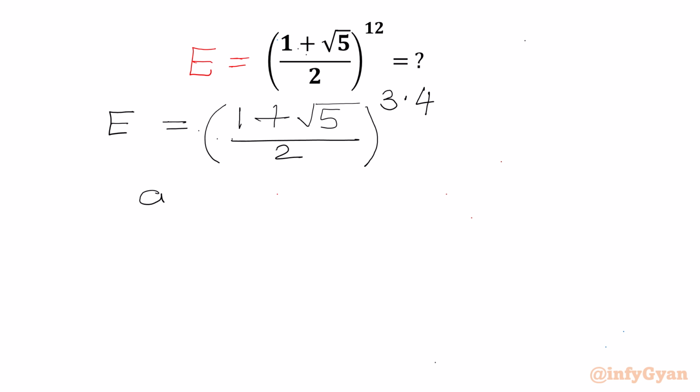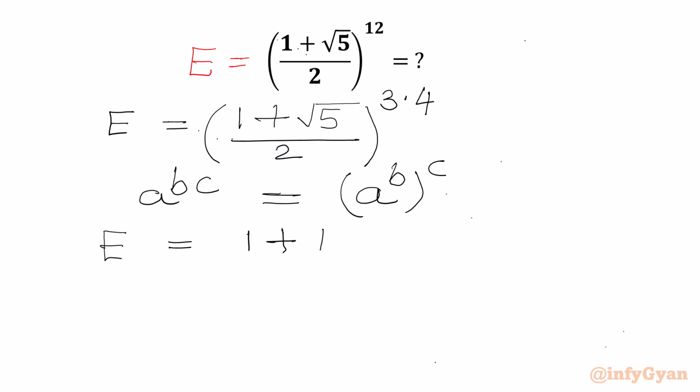Now we know that a^(b×c) can be written as (a^b)^c. By using this identity, I will write ((1 + √5)/2)^3, and then whole power 4.